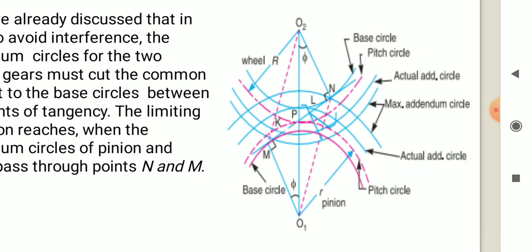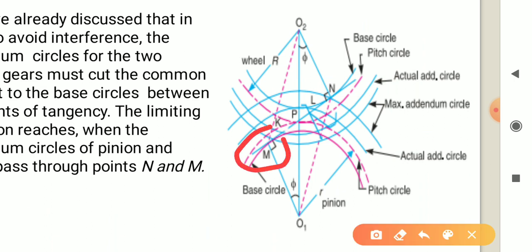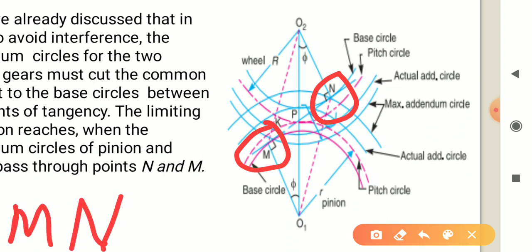Next, two more points are there: point M and point N. MN is the maximum path of contact.